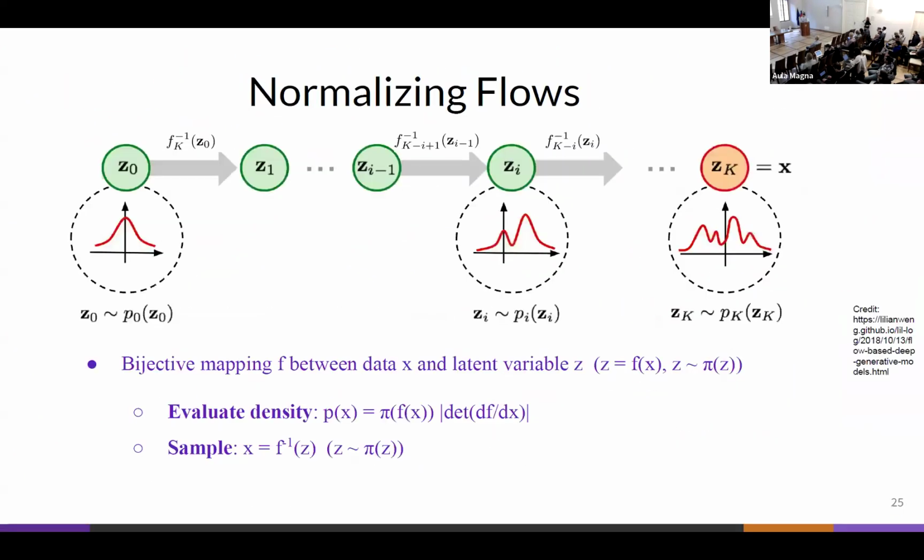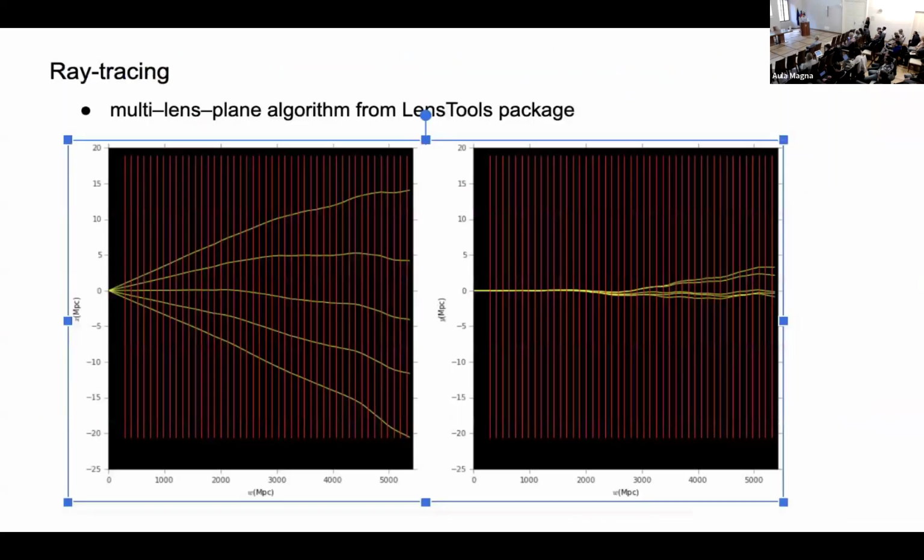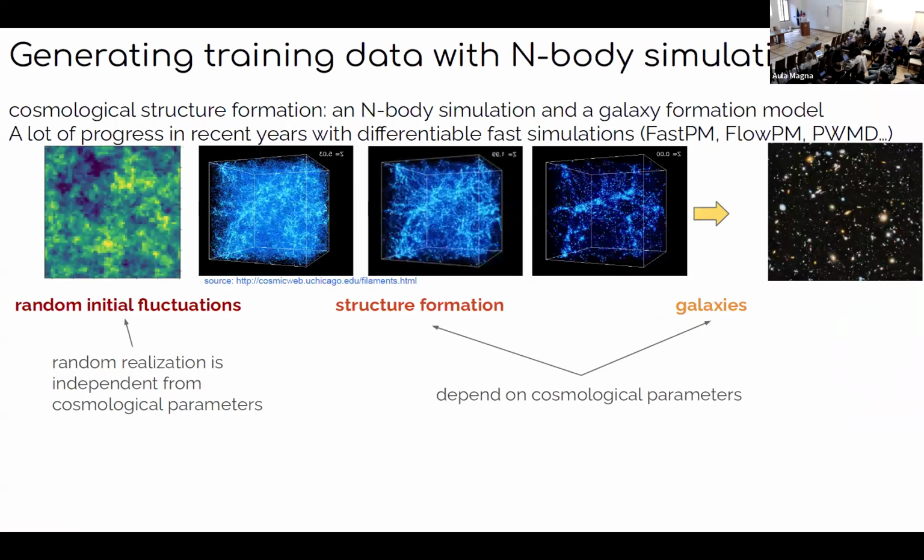I didn't discuss it in too much detail, but I did mention these codes that we have developed. These are fast n-body simulations that, of course, we check are sufficiently accurate. But very often, for example, if you take FastPM, this one has 10 to 40 time steps, right? Traditional n-body simulation will have thousands of time steps, but it turns out you don't need thousands, you just need a few dozen.